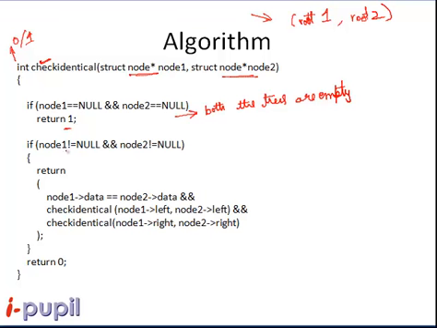On the other hand, if node 1 is not equal to null and node 2 is not equal to null, that is, both the trees are non-empty, then essentially in this case, either they can be identical or they may not be identical.